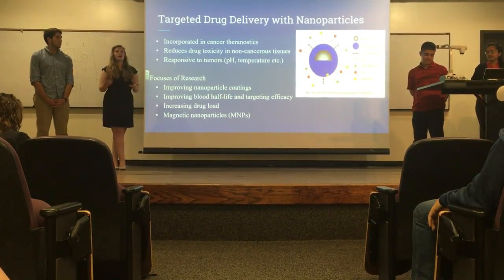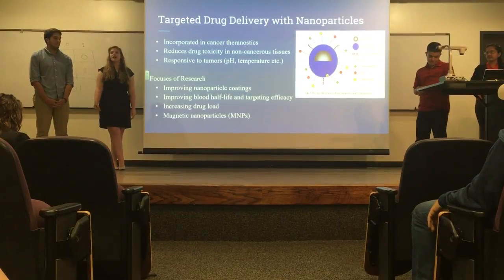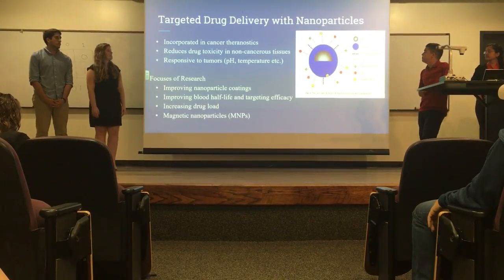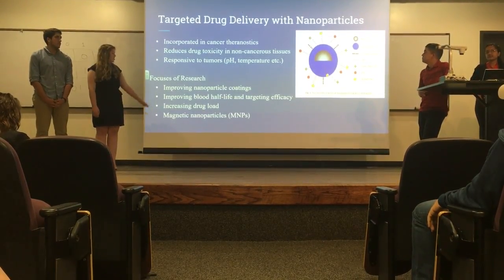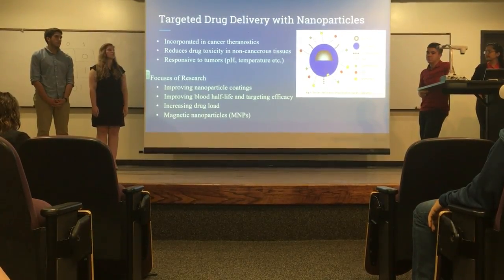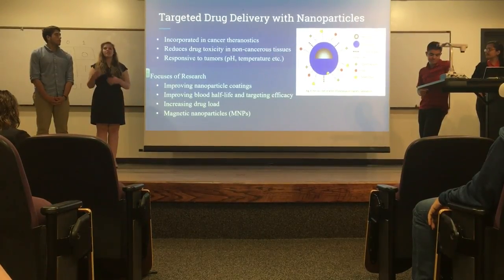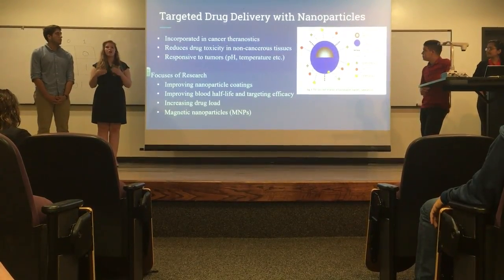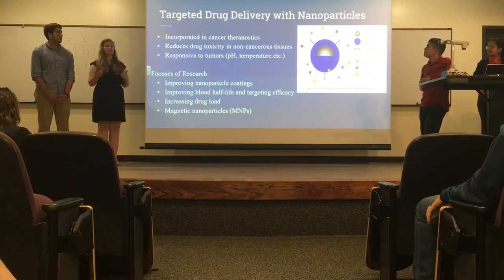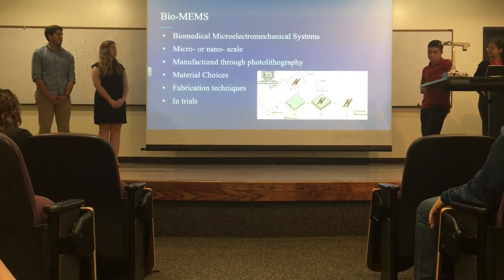And so the more of the medication that you can fit on a nanoparticle, the more effective it is in treatment. And another interesting subset of the research is magnetic nanoparticles, which are actually being used for hyperthermia treatments. So once they come across the tumor, they actually heat up, causing apoptosis and effectively killing the cancerous tissue.